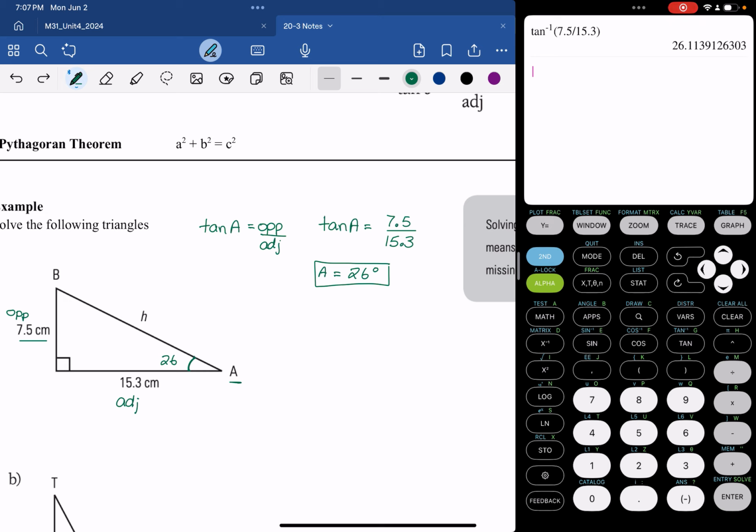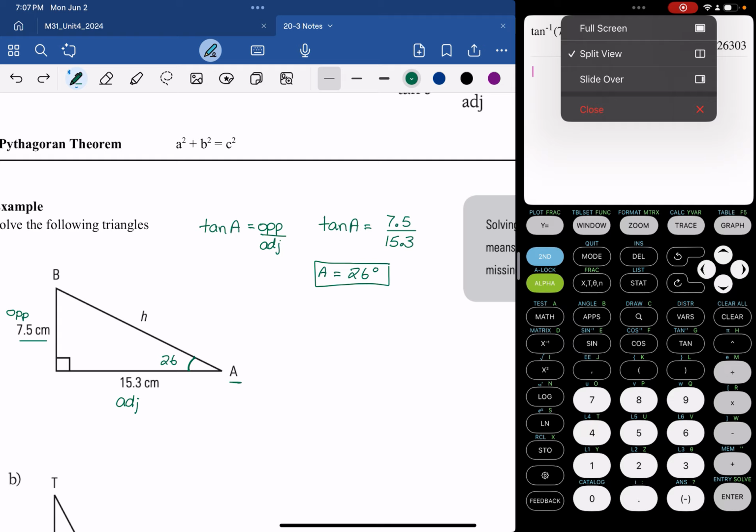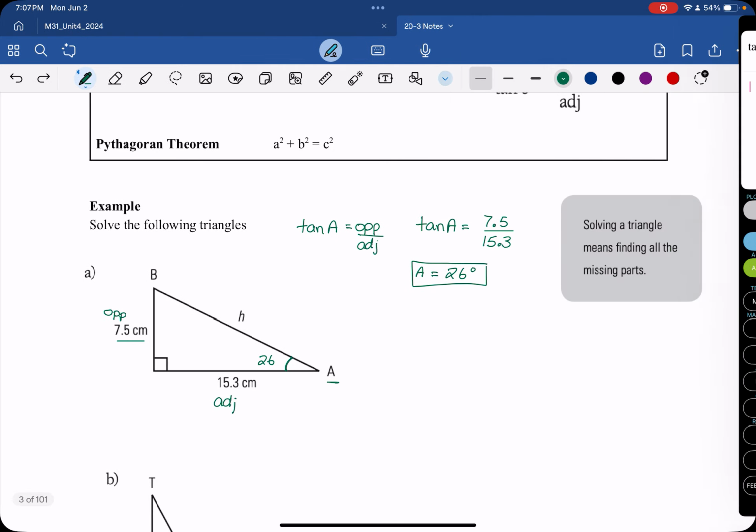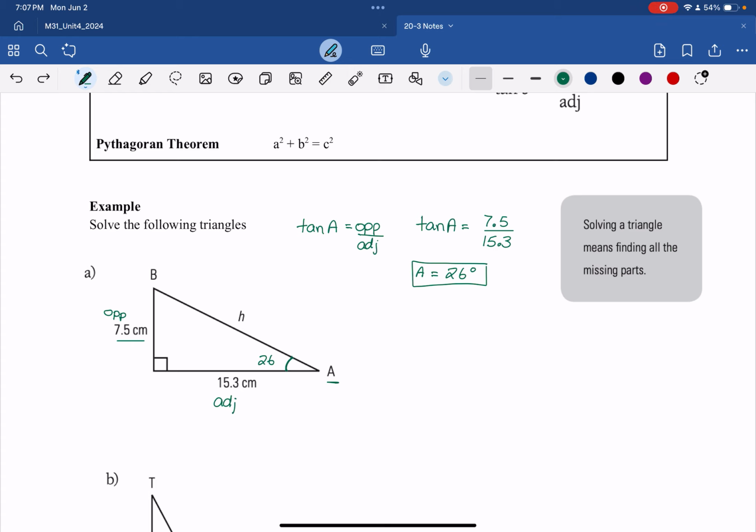Or the other thing that we're going to know about triangles is that all the angles in a triangle add to 180 degrees. So this angle here is 90 degrees, and that's denoted by that little square there. We know that the other one we just solved for is 26. So I know that if I take 180 minus 90 minus 26, I will get my other angle.